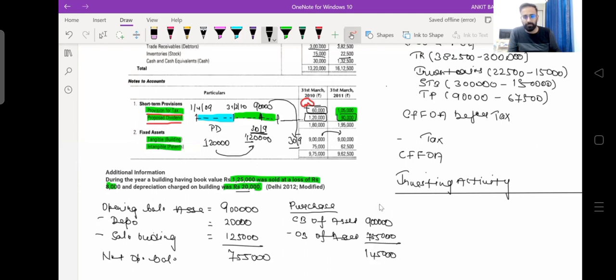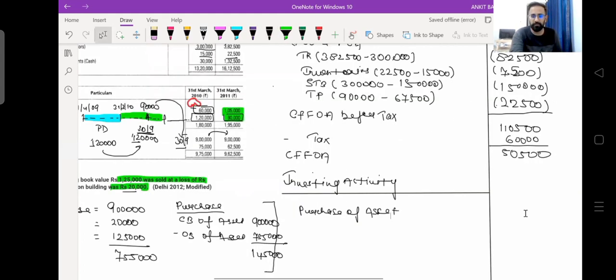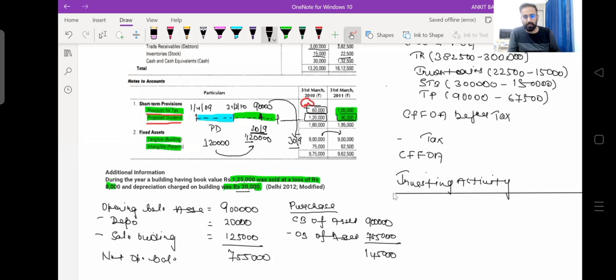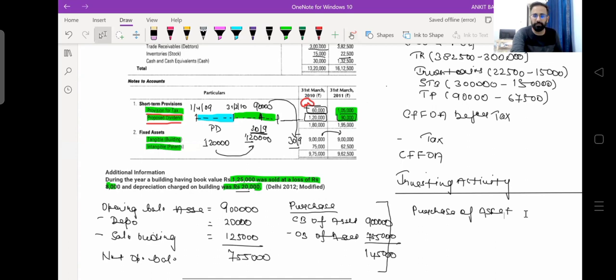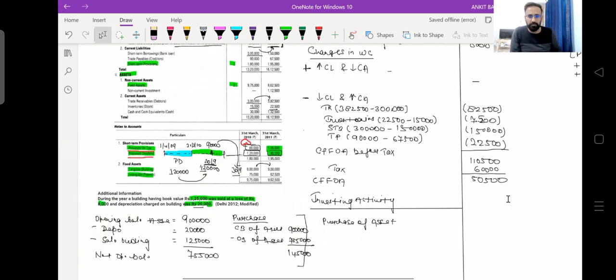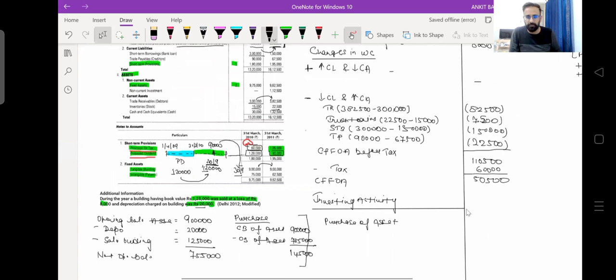Right, so here I will write down the purchases: purchase of asset, tangible asset, 1,45,000. It's shown in negative.